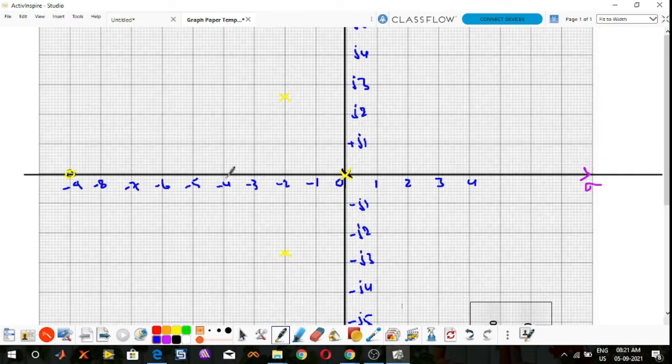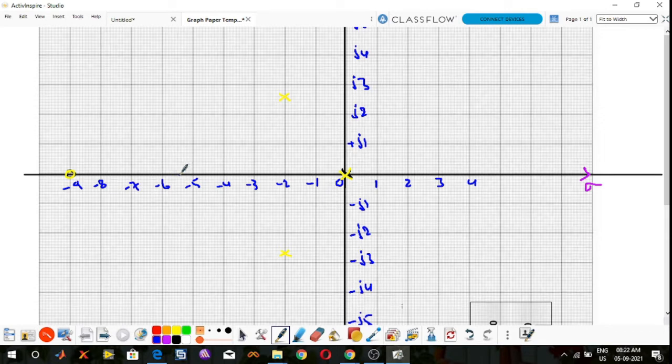Now consider a small test point between the s is equal to 0 pole and the s is equal to minus 9 zero. My pen mark is the test point.